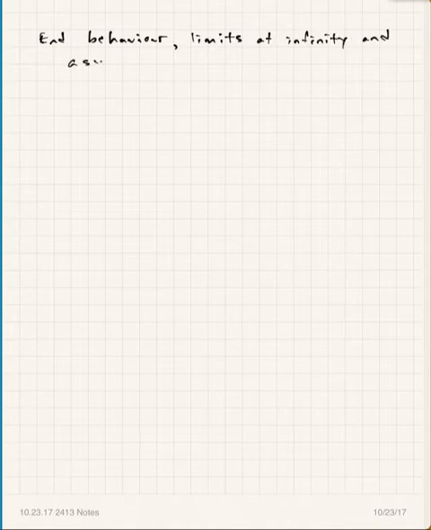So we're looking at some other features of graphs and going to be combining this with calculus also as we go through our discussion. So let's first of all start looking at some things about end behavior and asymptotes. So let's just do this by drawing some pictures, first of all.